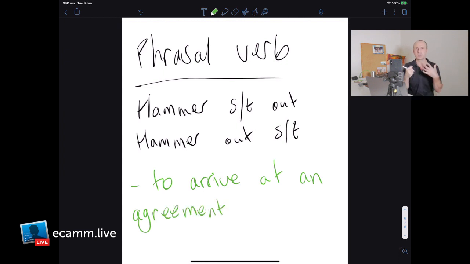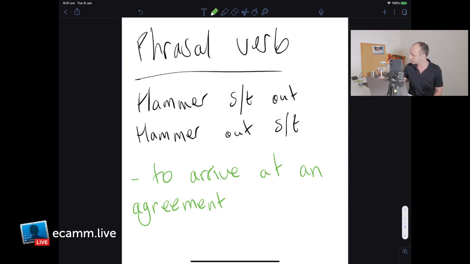So usually on about details in business, a business agreement, who is paying what, who is doing something, what deal do we want? We really need to hammer out a deal, to arrive at an agreement or a deal.